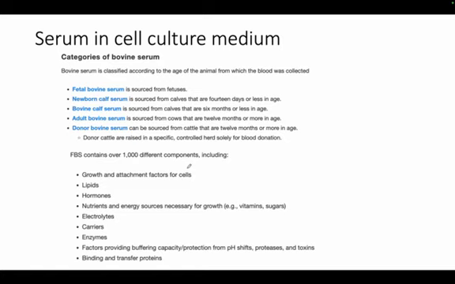So often what we will add to cell culture medium is something called serum, which is the serum fraction of blood. It is usually bovine serum, so it's from cow blood. Usually we will add something called fetal bovine serum, which is from fetuses. We also have calf serum and adult serum.